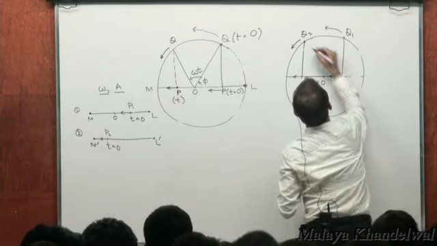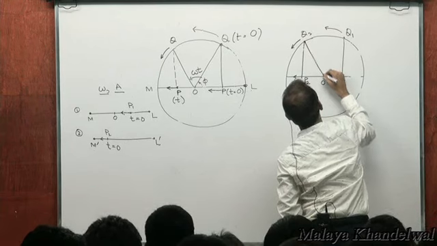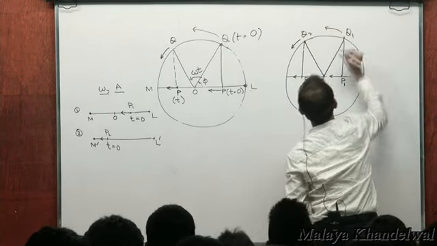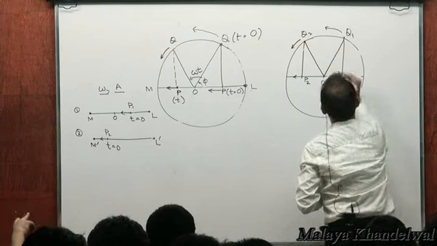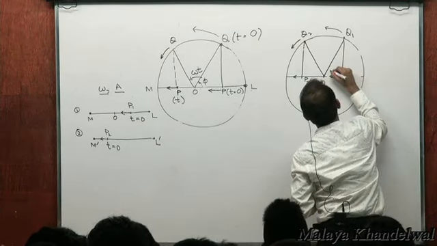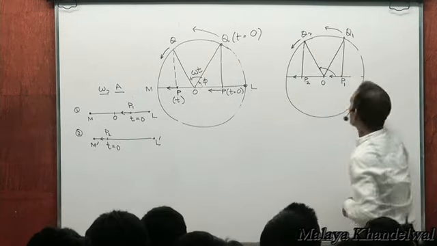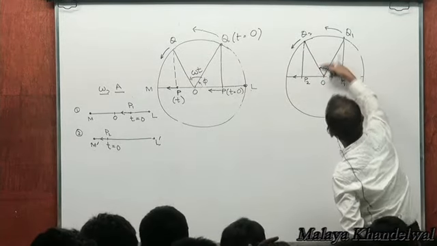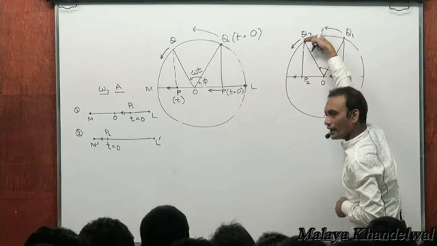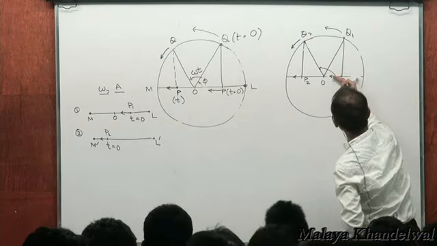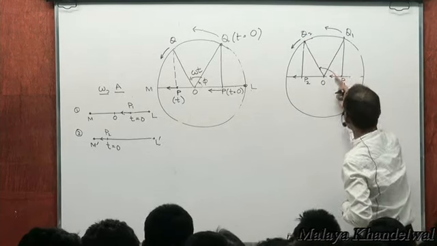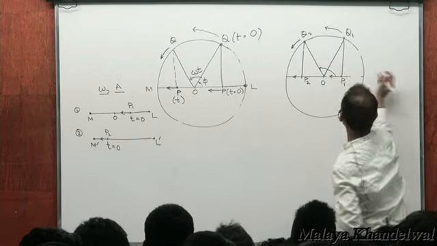Now, the phase difference between these two oscillations is, see, realize that this is the phase for oscillator 2. Look at the corresponding particle on the auxiliary circle, which will determine the phase of oscillator 2. This angle will be the phase of oscillator 2.